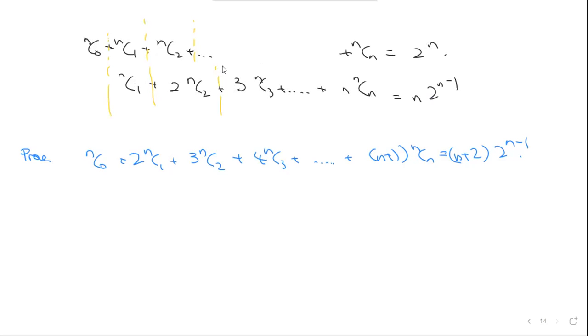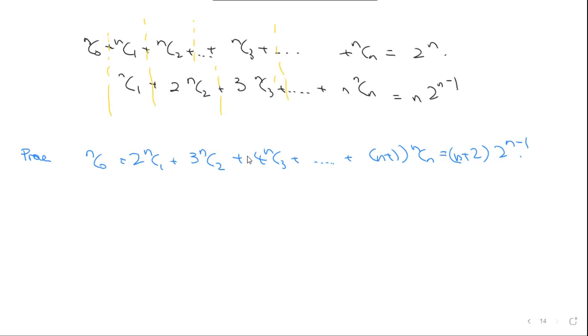So let's write out nc3 as well. If you look at this, I've got nc0 and no nc0 here. I've got nc1 and an nc1, I've got nc2 and 2 nc2, which together will give me 3. I've got an nc3 and a 3 nc3, which together will give me 4.